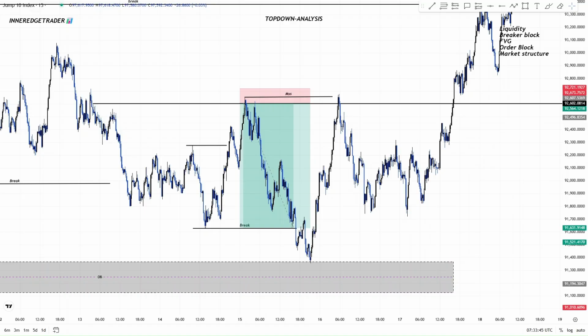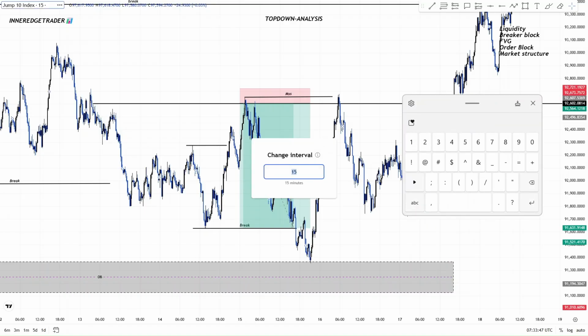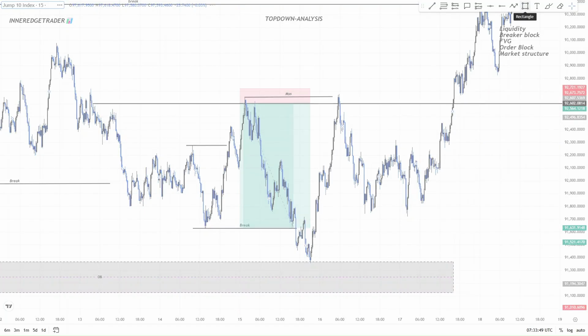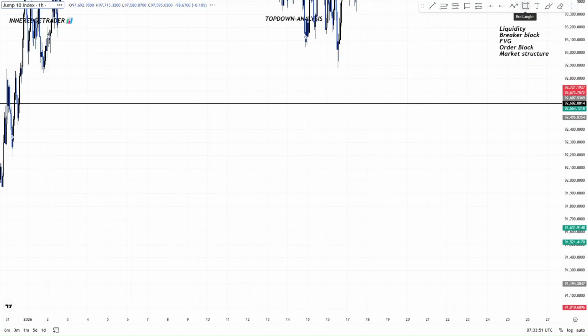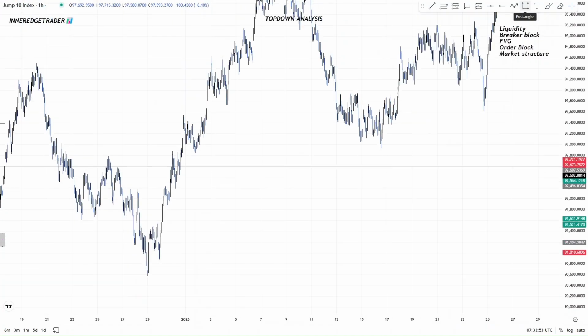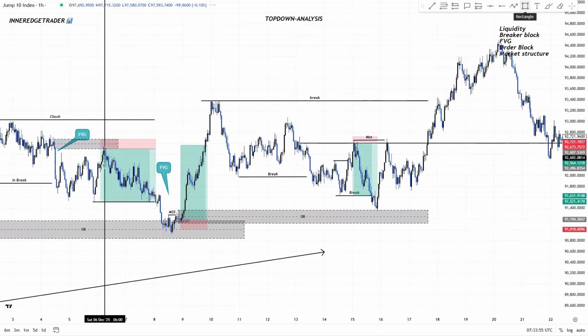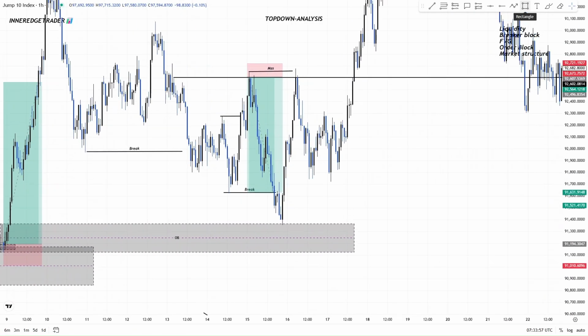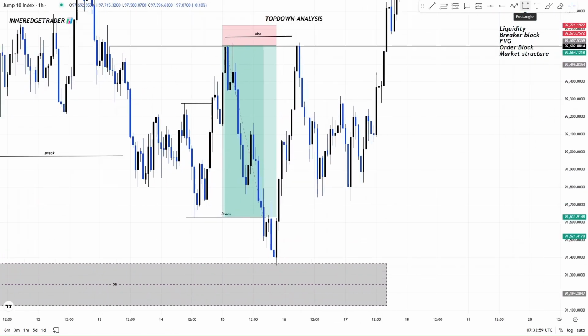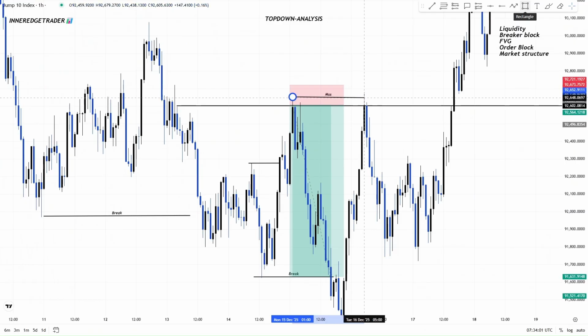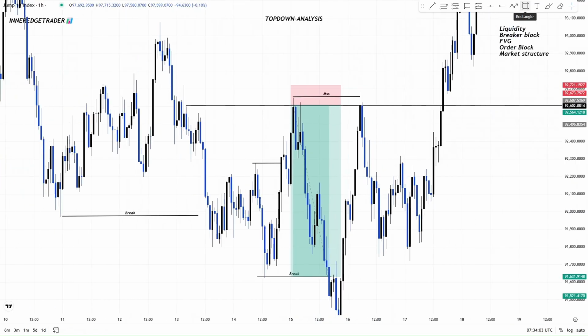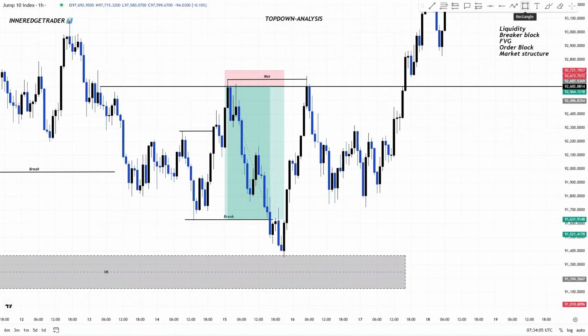So if I go on the 1 hour again to see this market structure shift and where it's going to retrace from to the upside. So keeping this market structure shift in mind, market starts to retrace to the downside to retest at.